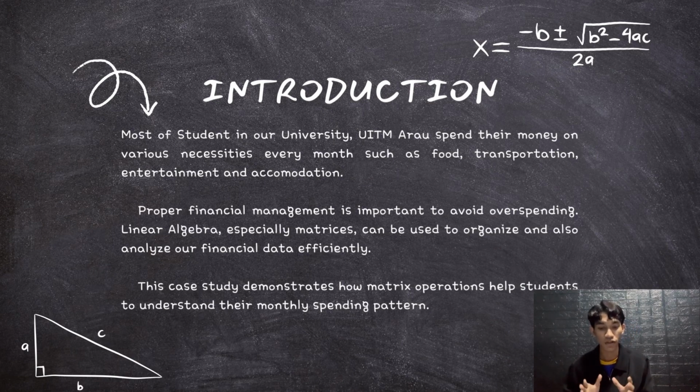Most students in our university, which is UiTM Arau, spend their money on various necessities every month, for example food, transportation, entertainment, and also accommodation. Proper financial management is important to avoid overspending.